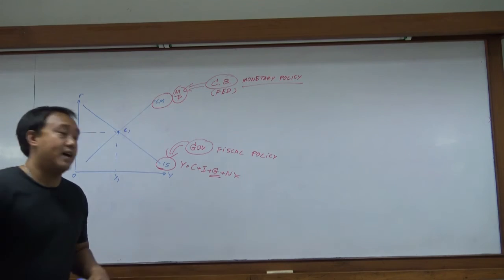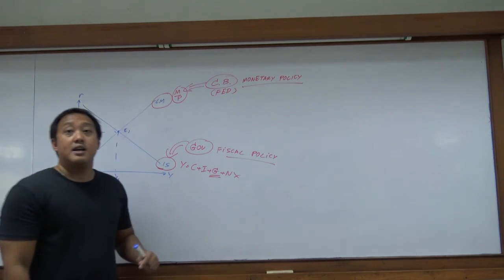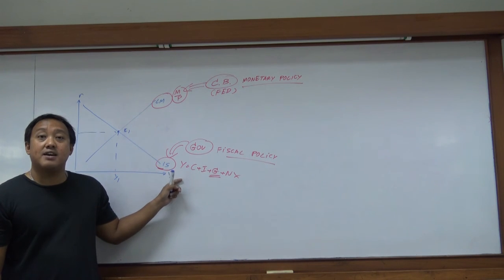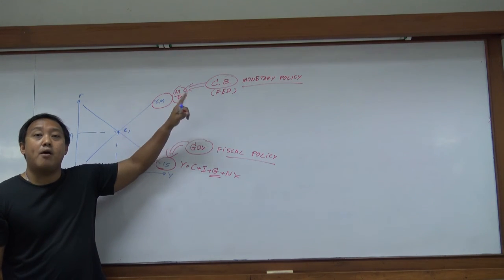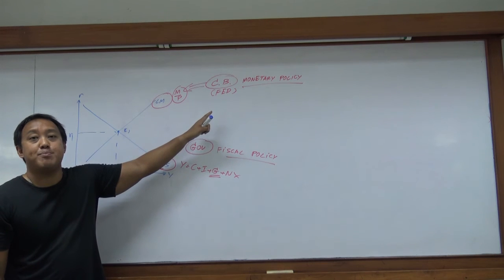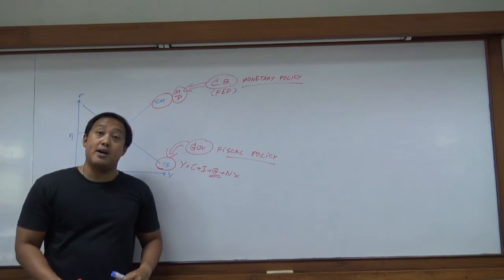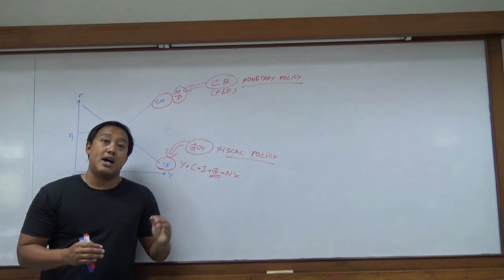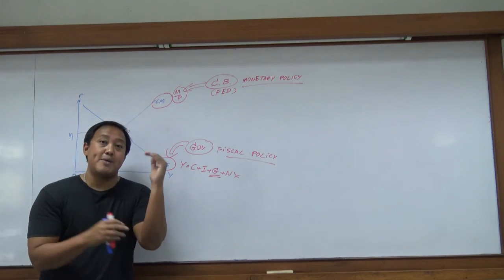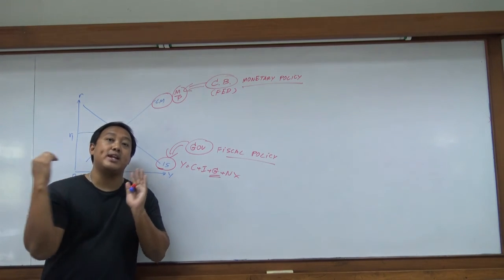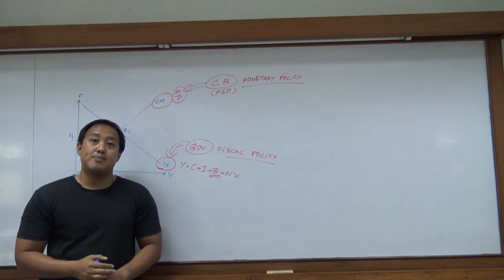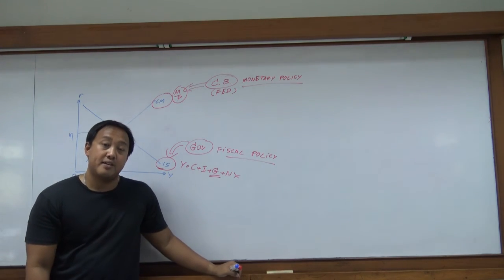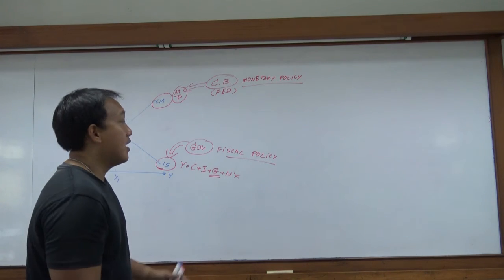The government can use fiscal policy to control the IS curve, and the central bank or Fed can use monetary policy to control the LM curve. Sometimes both organizations go in the same direction. Sometimes they go in different directions and create some conflict.